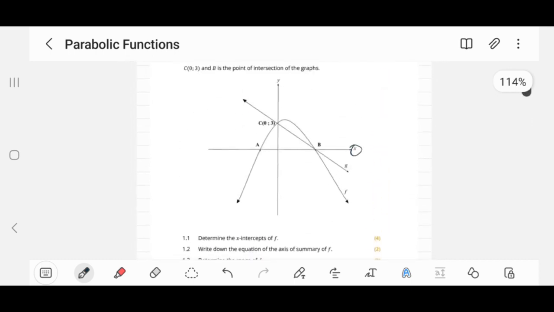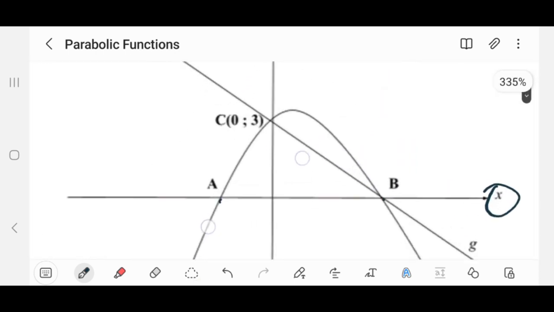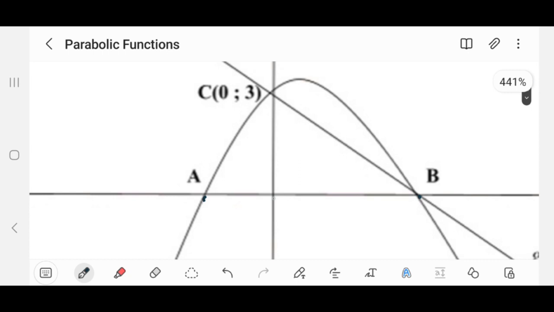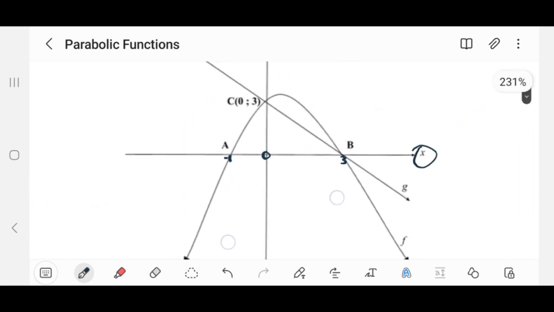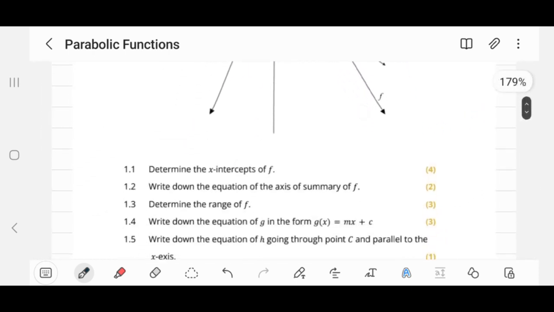So if we go to the sketch, this should be minus 1 because on the Cartesian plane this is 0. So this is minus 1 and that is 3. So that we have that. And then they say number 2, write down the equation of the axis of symmetry.